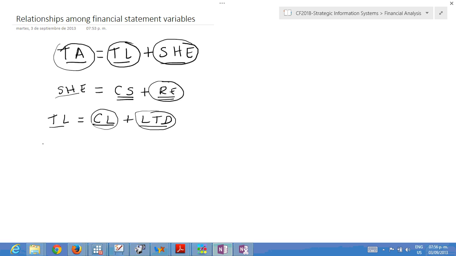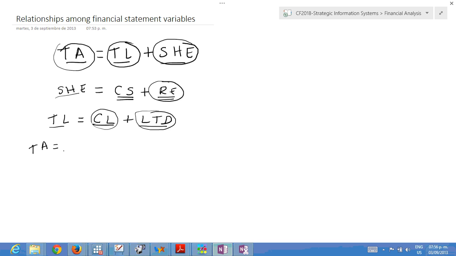We can start putting formulas together, applying simple algebra. Starting from total assets, we can talk about its specific components.